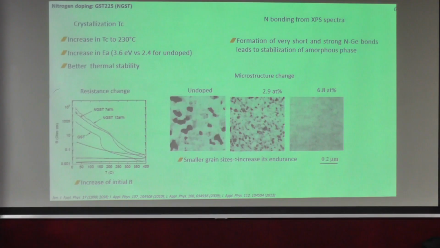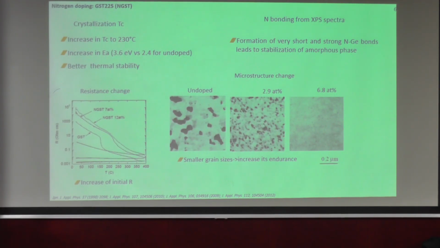So now let us look at the change of parameters in the case of nitrogen doping, if we introduce it to GST 225. If we introduce this element to the GST material, then it influences the crystallization temperature, so it increases a lot.